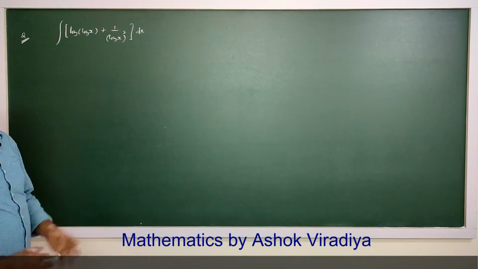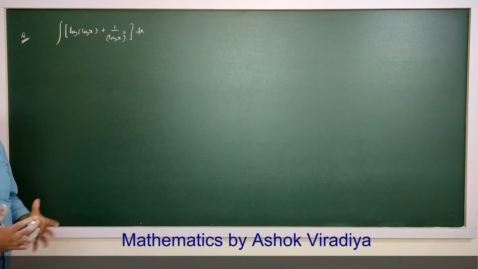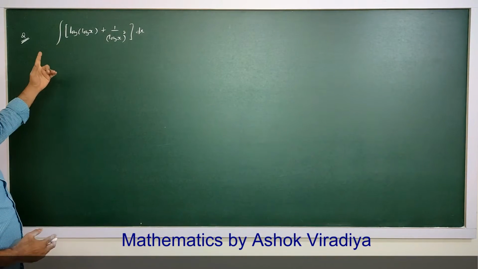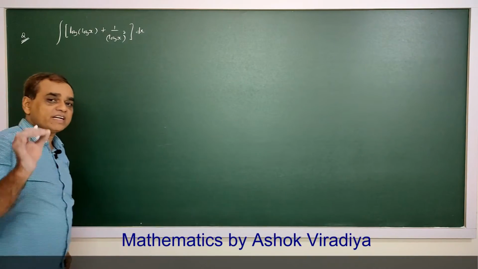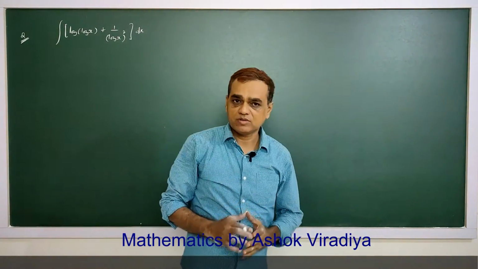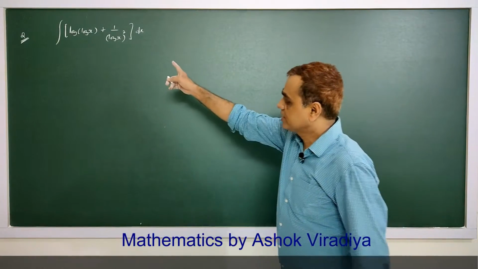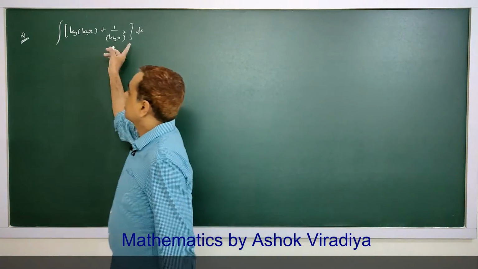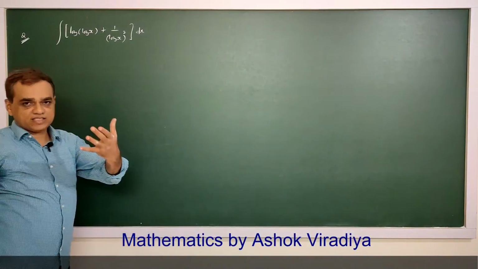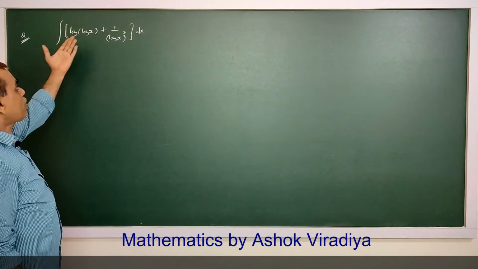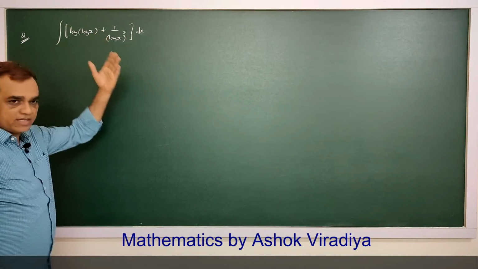This question is from indefinite integration. Indefinite integral of this function. This is a very good question given in the textbook, showing the easiest method. Here this is a composite function of log x. You can see log of log x, 1 upon log x square.